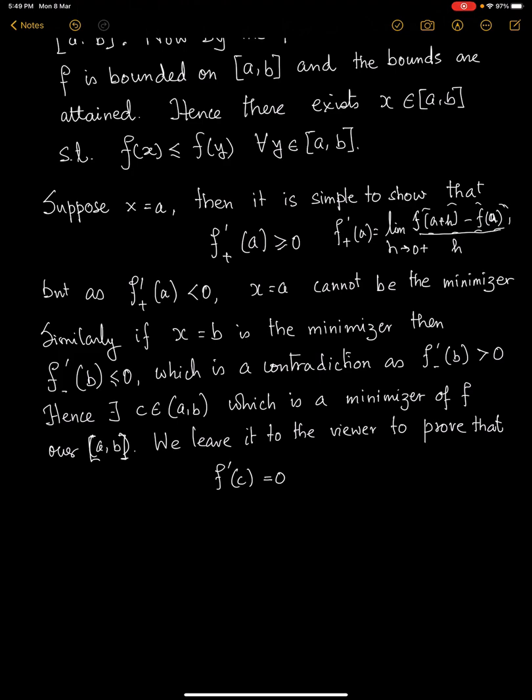Okay. So there ends my proof of Darboux's theorem. There is no requirement of continuity on the derivative. So here is an example: f is differentiable but f dash is not continuous everywhere.